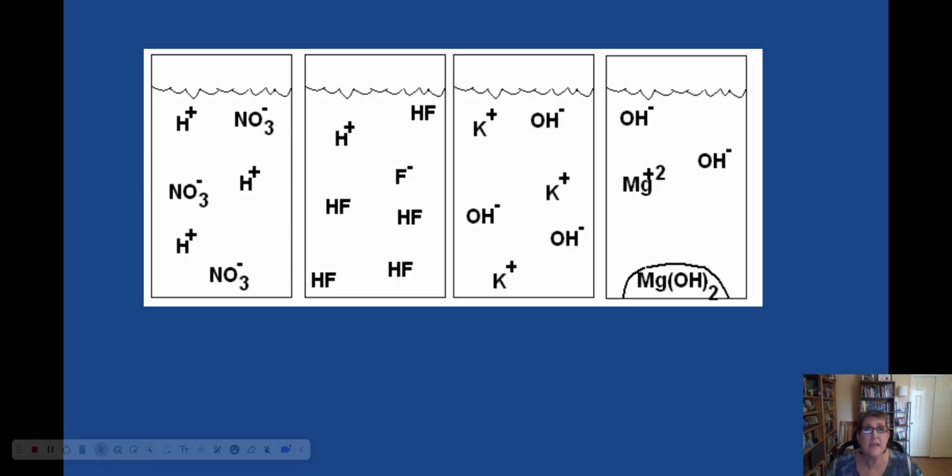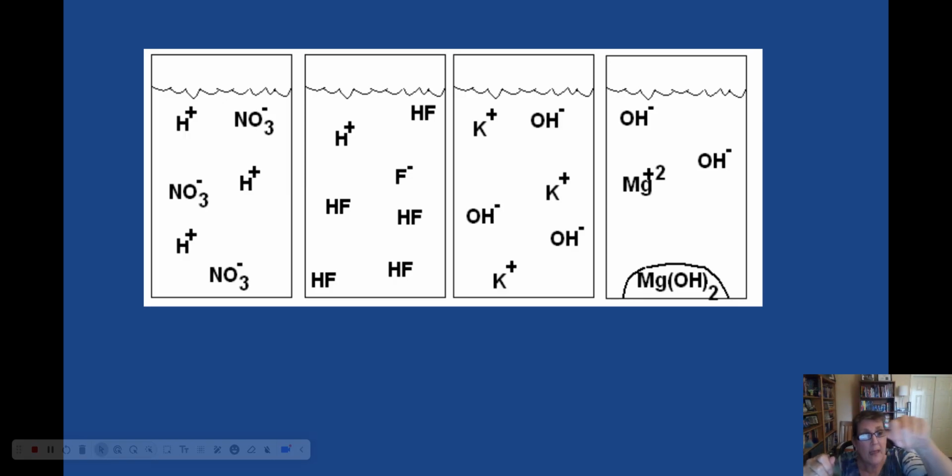Then we have potassium hydroxide, KOH. That's a strong base, so 100% breaks apart. So we have K plus, OH minus, K plus, OH minus, K plus, OH minus. And then the last beaker is a weak acid, magnesium hydroxide. So most of it sinks to the bottom.